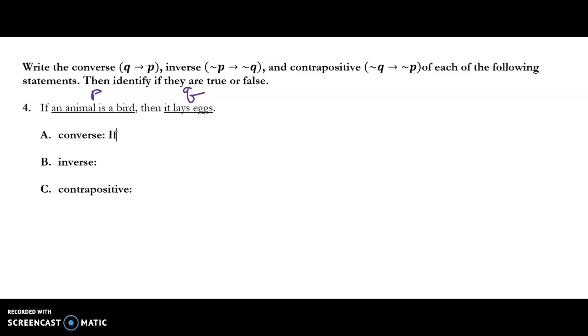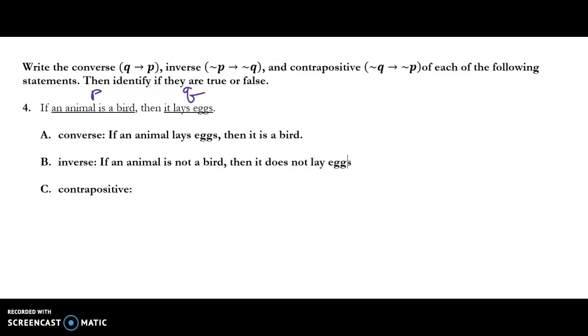So the converse would be to reverse the order. So instead of saying if it lays eggs, I say if an animal lays eggs, then it is a bird. Okay? The inverse would be if an animal is not a bird, then it does not lay eggs.